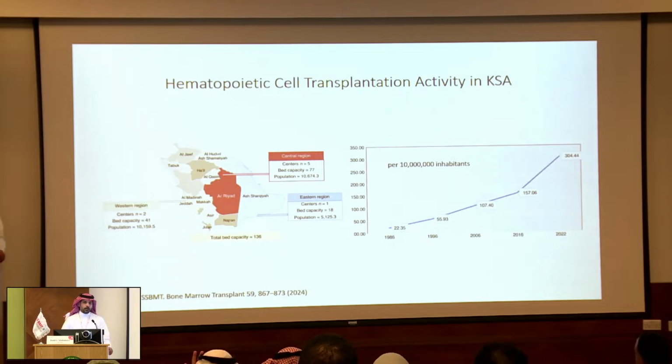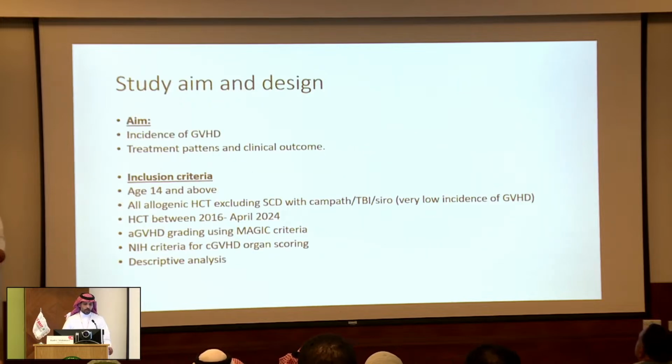However, there isn't a lot of data about the complications associated with this type of transplant, including data related to graft versus host disease. So our aim is to share with you the incidence of graft versus host disease within our institution, and also to shed light on treatment patterns and clinical outcomes within our institution.